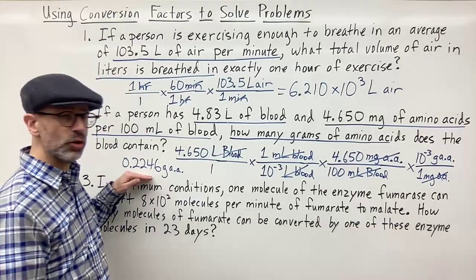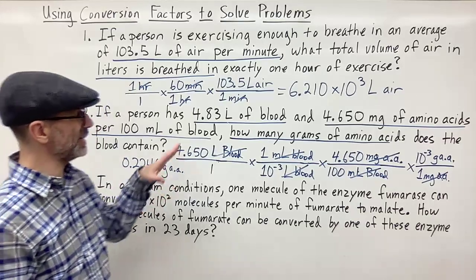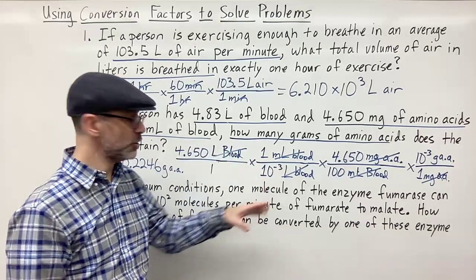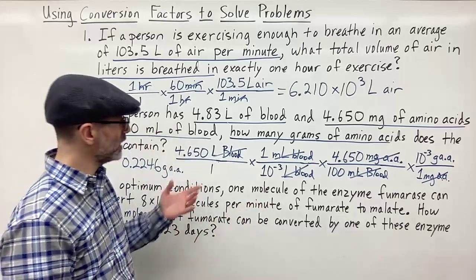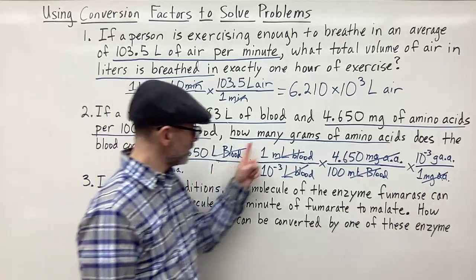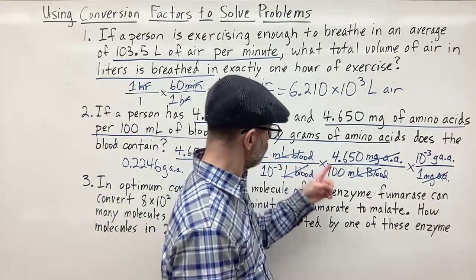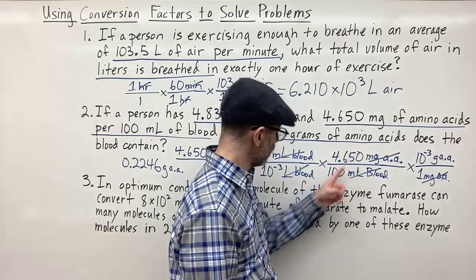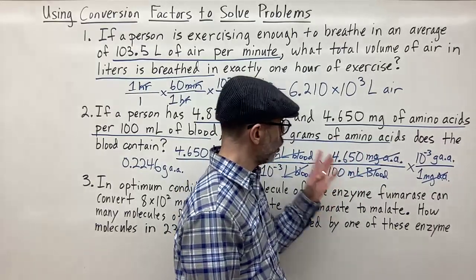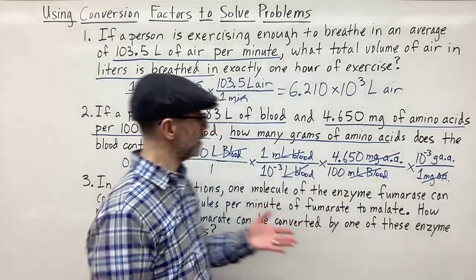Remember, when we're multiplying and dividing, the number of sig figs in our answer should be the same as the least number of sig figs in our measurements. So we're going to ignore the exact. Here we have 4 sig figs. This is exact, so we're going to ignore that. Here we have 4 sig figs. Here we have 3 sig figs. So 3 is the smallest number of sig figs.